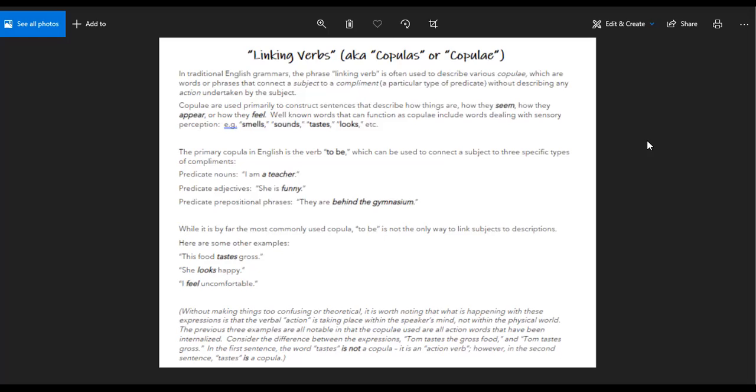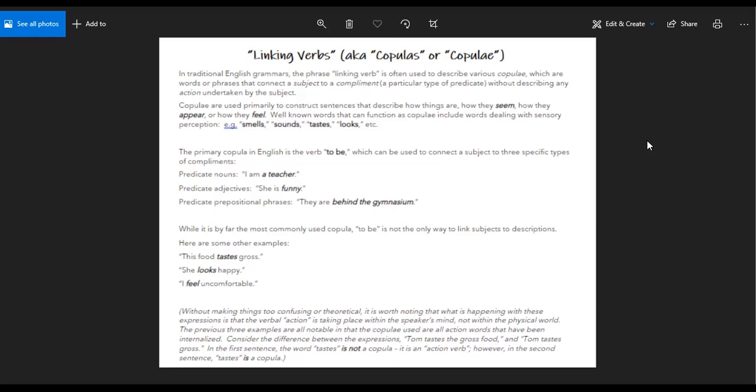This food tastes gross. She looks unhappy. I feel uncomfortable. And consider the differences here between the food tastes gross versus I taste the food. Taste is an action verb there, but if I'm using taste in the inverted sense to describe the food that I just tasted, it becomes a linking verb.